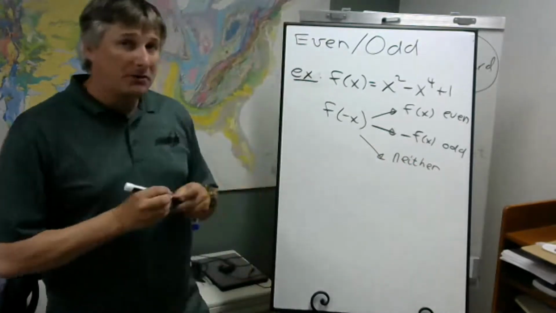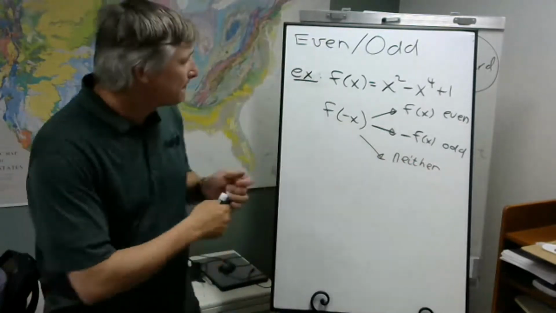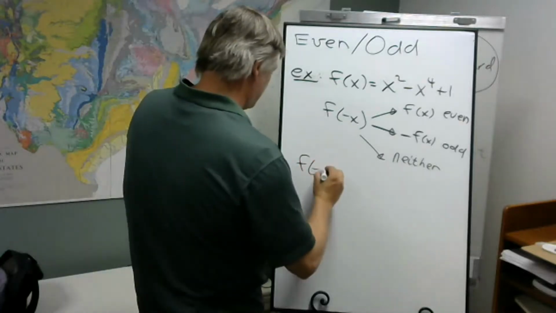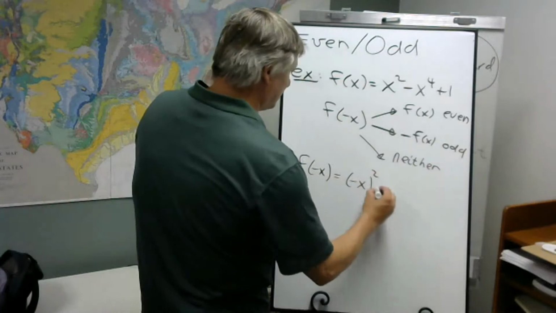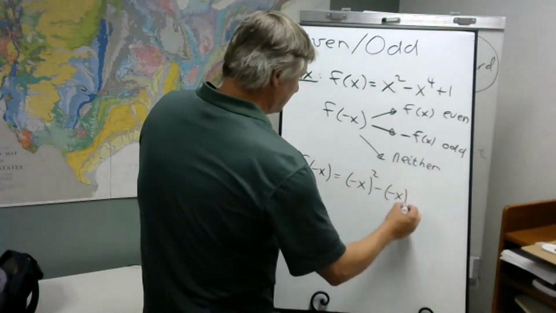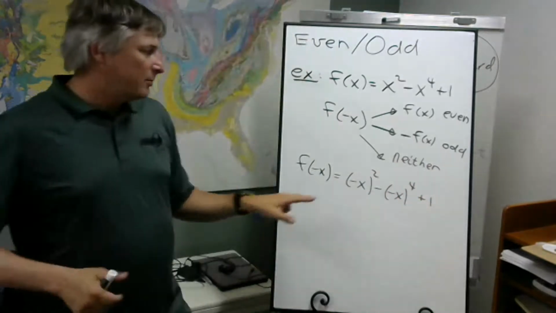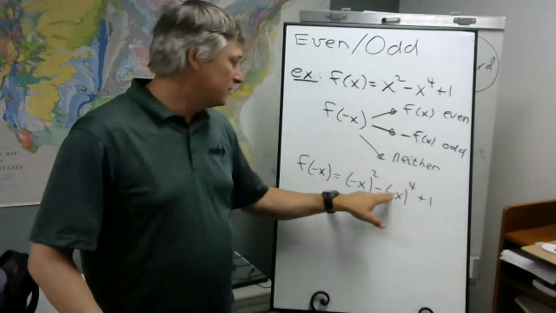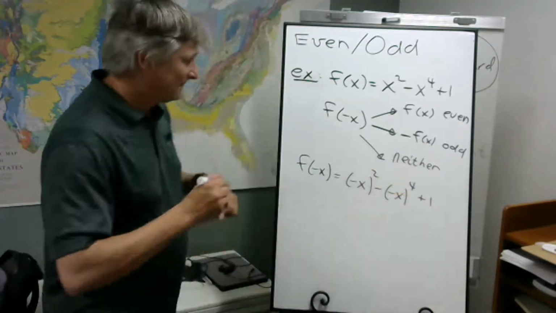But where this always starts, put in negative x. Let's see what happens. So f of negative x is negative x squared minus negative x to the fourth plus 1. Now, when you take even powers, like you square a negative or have a negative to the fourth, even powers make the negative go away.